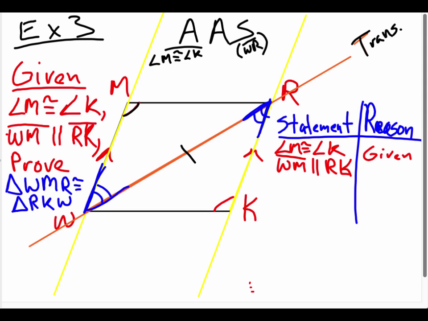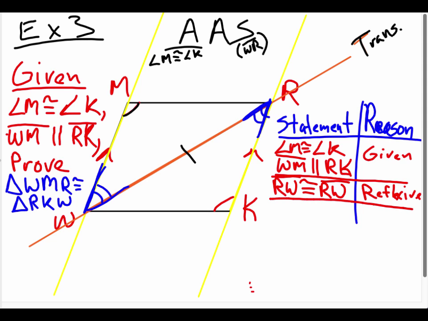That's given to us, right? Then we had to say that line segment RW is congruent to line segment RW. Does anybody remember what property that is? Reflexive. When you look in the mirror, you see your reflection, you see yourself. So this is the reflexive property of congruence. Okay, that's done.